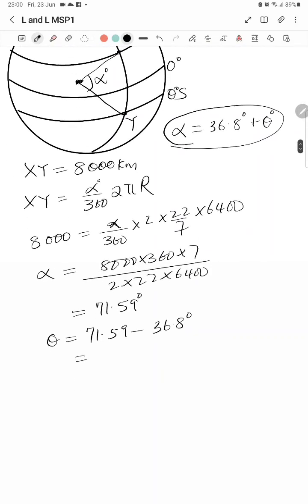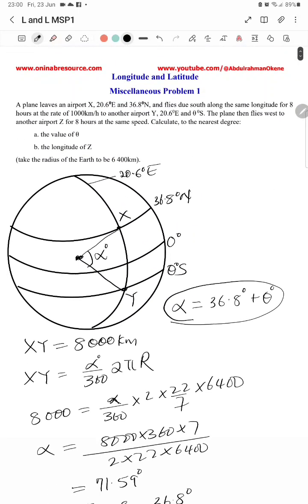This gives us 34.79 degrees, and to the nearest degree, we have it as 35 degrees. So that's the end of the solution of the A part of the problem. Then we go to the B part of the problem.